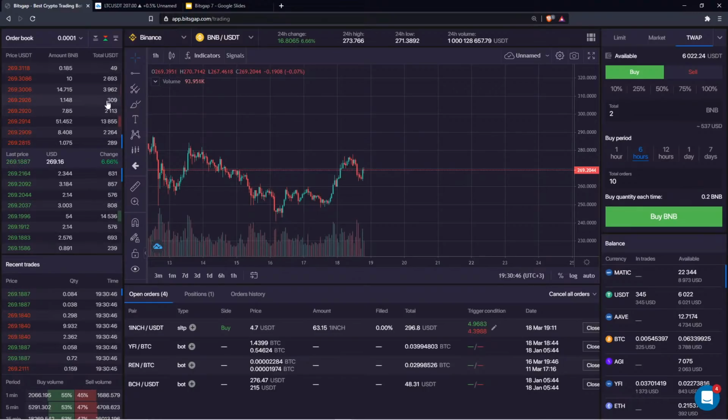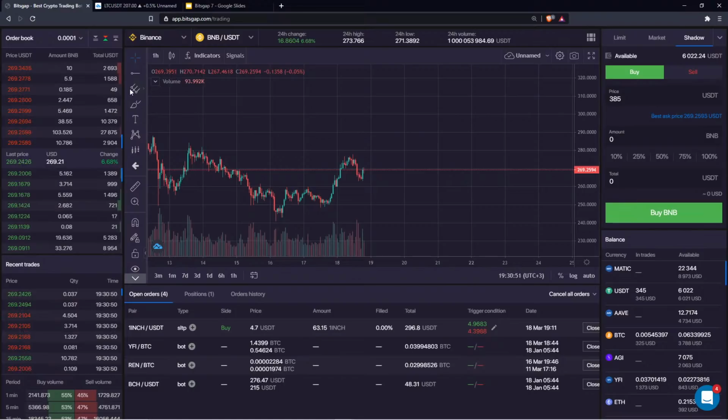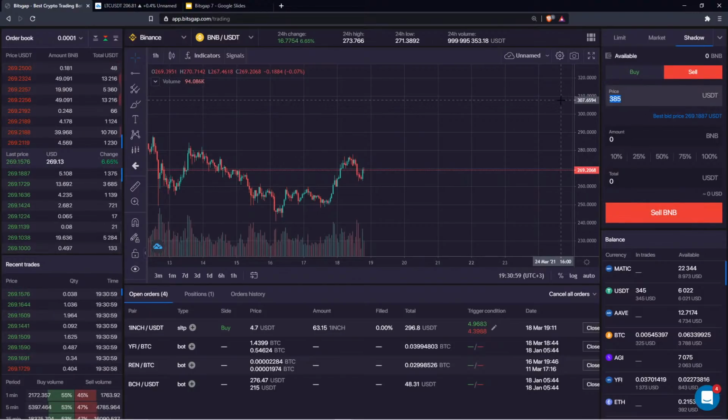So this dude would rather use, in this case, the shadow order, so that nobody would see his trade until the price reaches his price as it sets. So let's say this dude wants to get rid of BNB worth, I don't know, 40 millions or whatever.